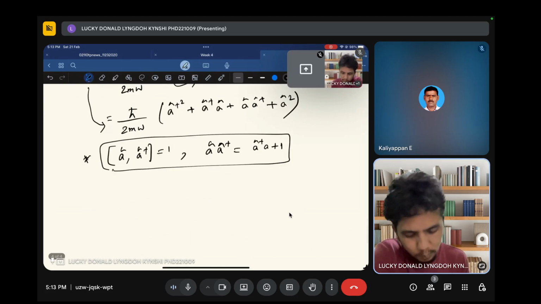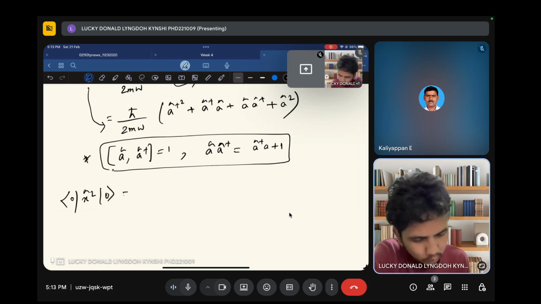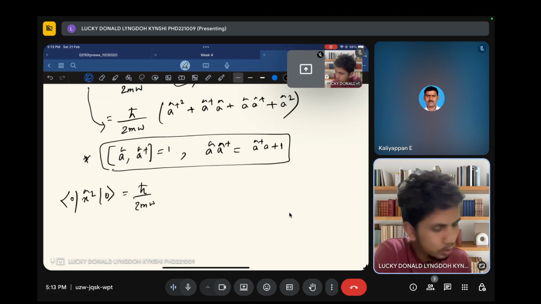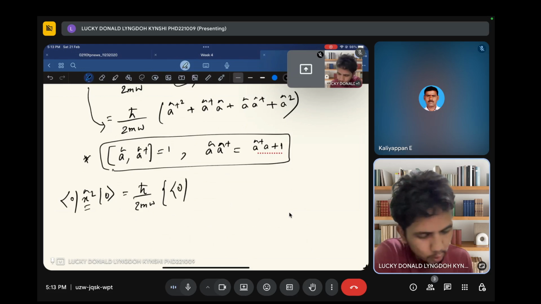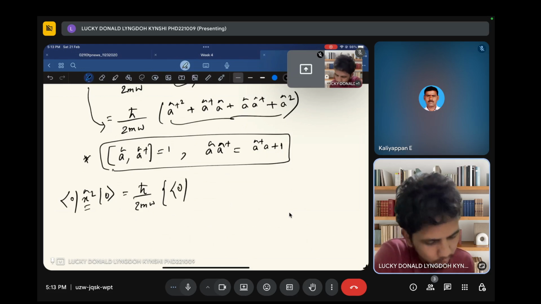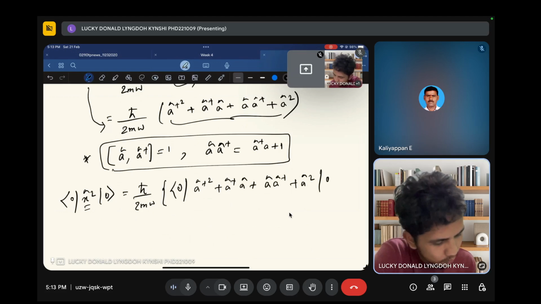So what is the expectation value <0|x cap square|0>? It will be equal to h cross by 2 m omega, which you take out because you don't need to solve it. So you get <0| and for x cap square you put this value: a cap dagger square plus a cap dagger a cap plus a cap a cap dagger plus a cap square, operating on the state 0.